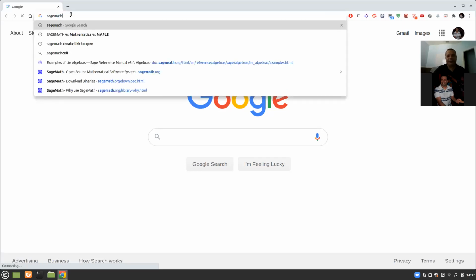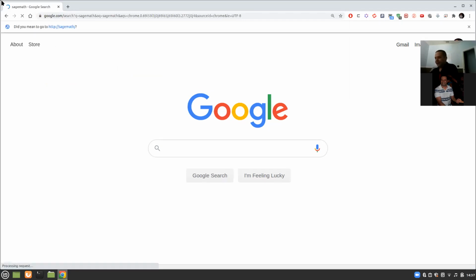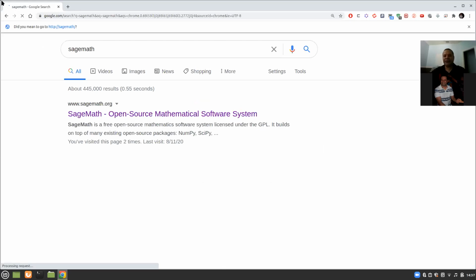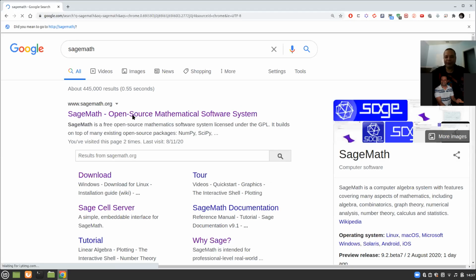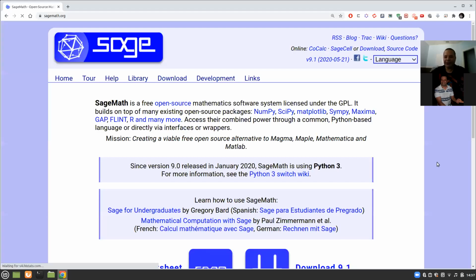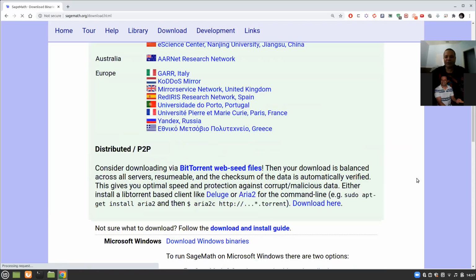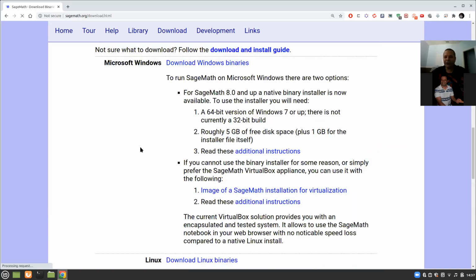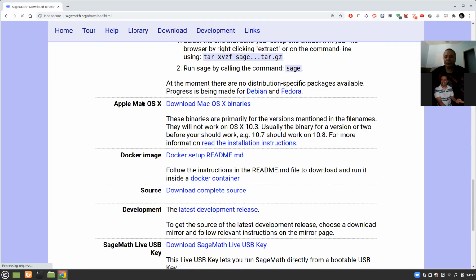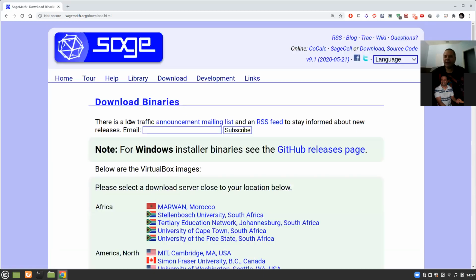Sage Math is a computer algebra system that you can use, and it's free. By free, I mean it's free. You can download it here. Download 9.1 is the latest version. There are installation procedures for Windows, for Linux, and for Mac, so you can get it on any platform that you like.